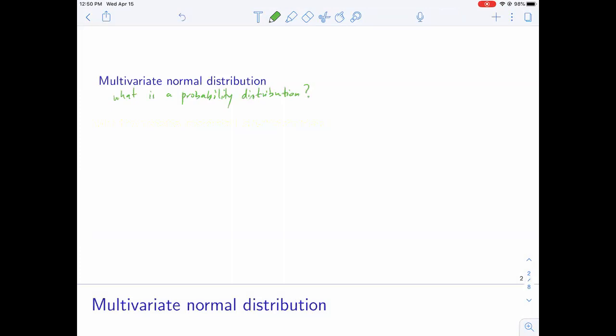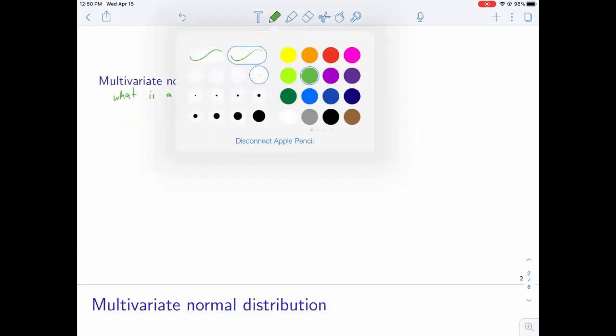So a normal distribution is one kind of a probability distribution. So how do you define a probability distribution? Isn't it just some function that defines the probability of an event occurring such that it's less than or equal to a certain number, n?